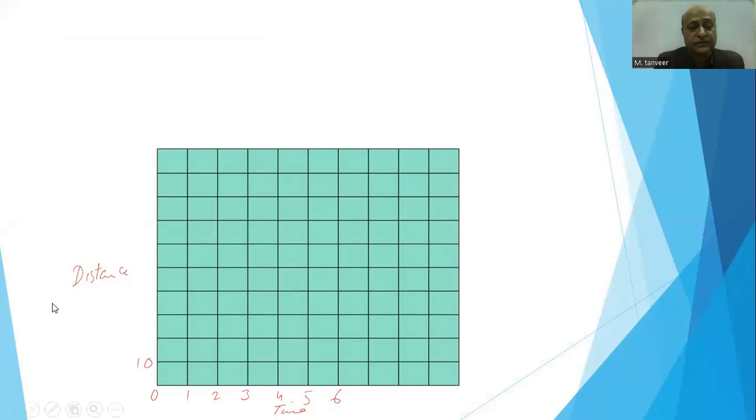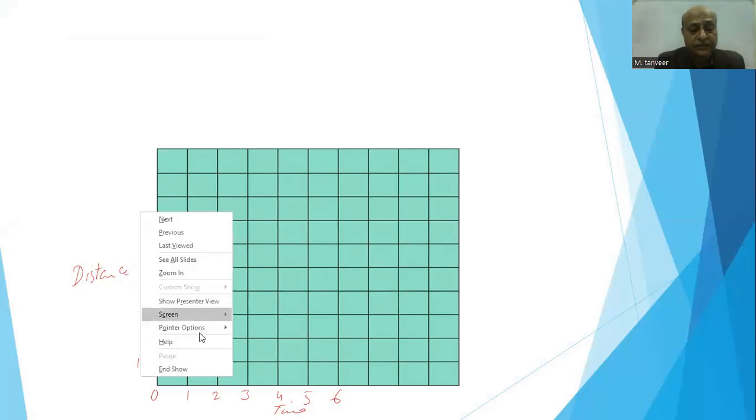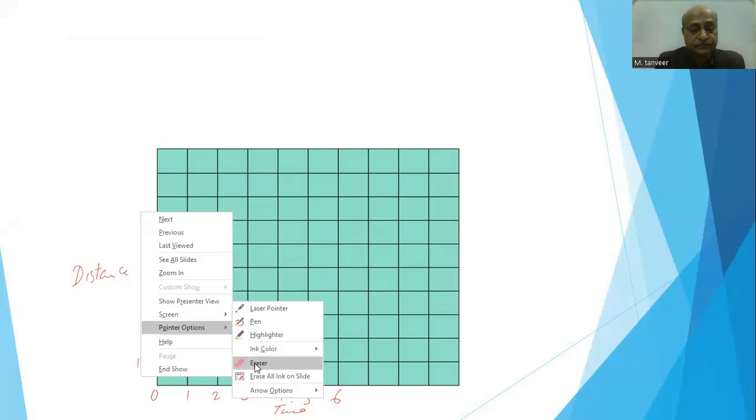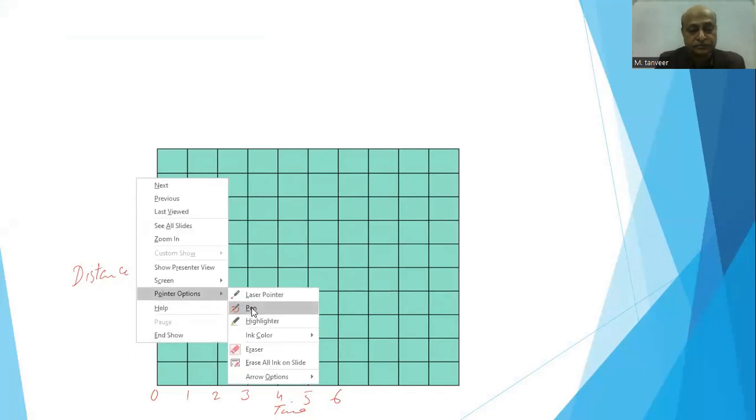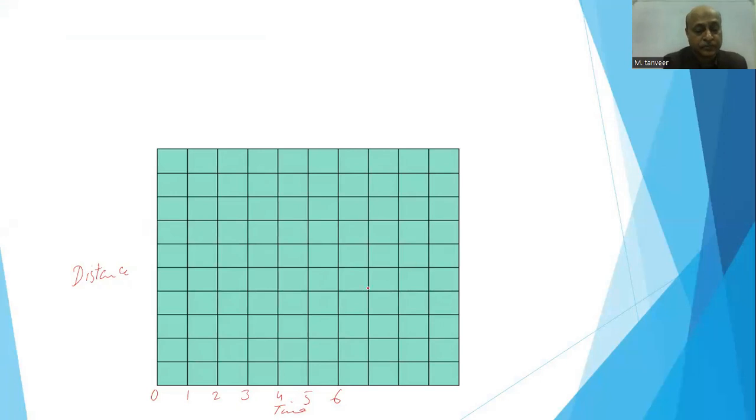Distance traveled in 0 second was 0. When 0, this is 10, 20, 30, 40, 50, so on.